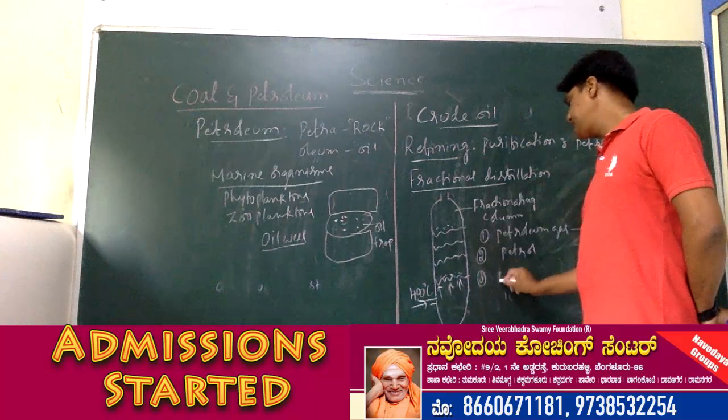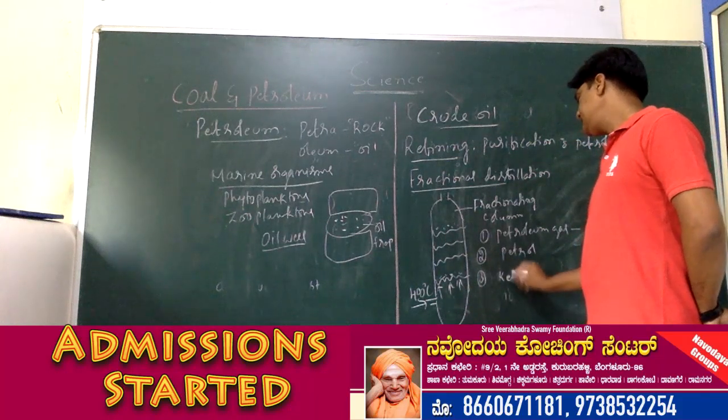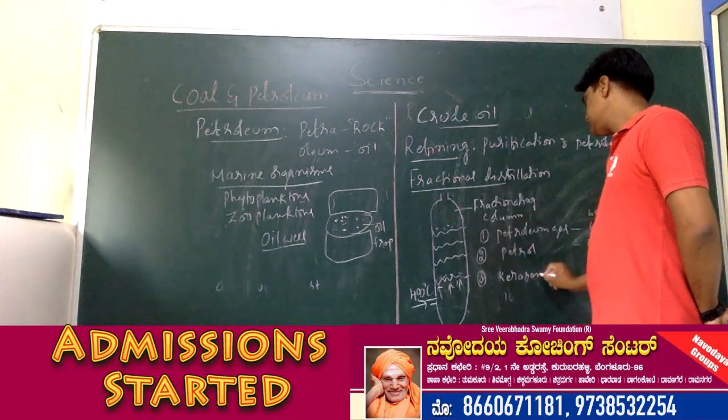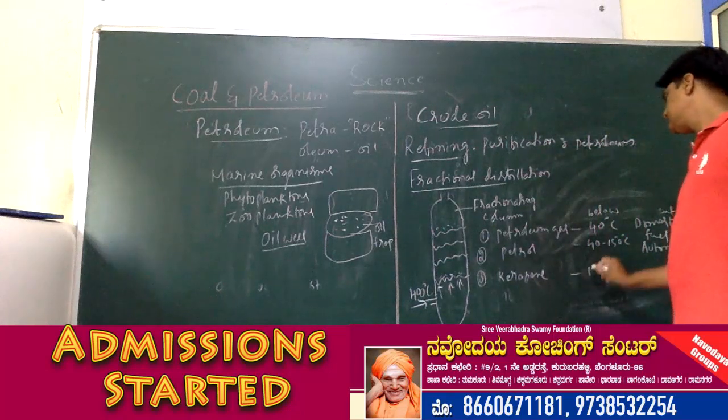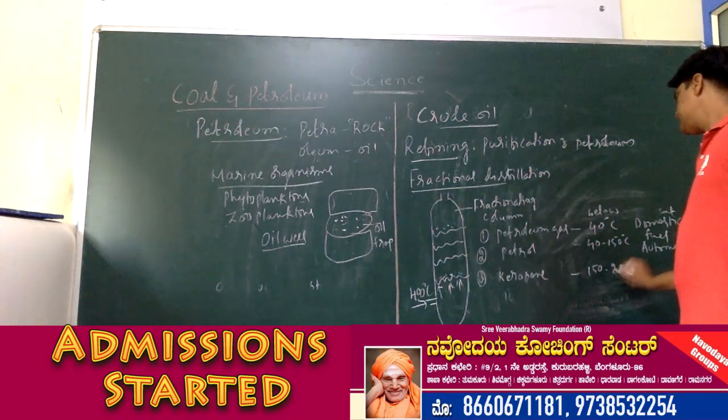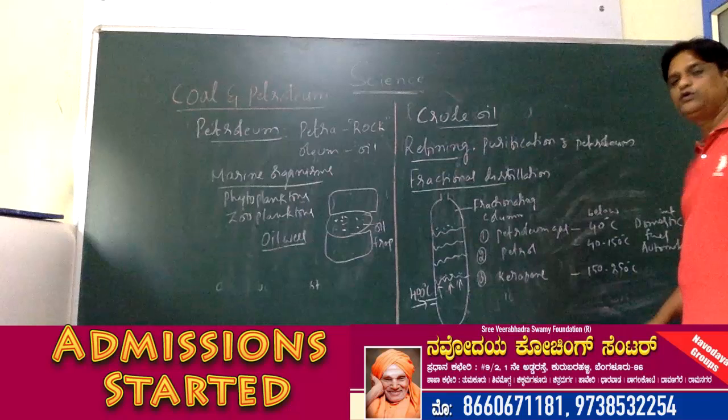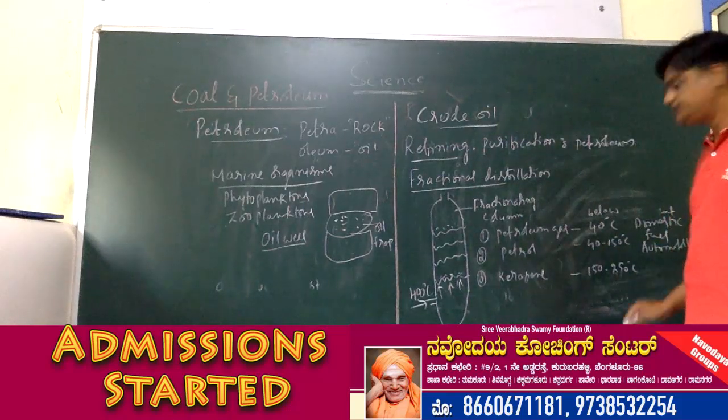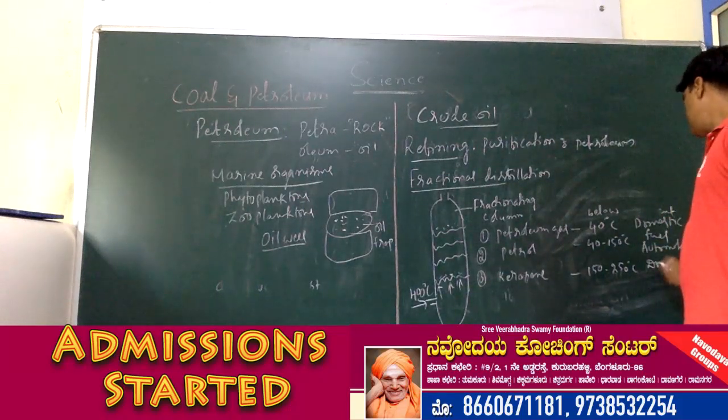And then next we get kerosene. The boiling point range is 150 to 250 degrees Celsius, and kerosene is mainly used as domestic fuel and also jet rocket fuel.